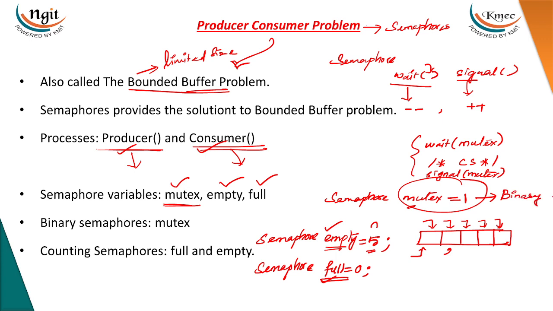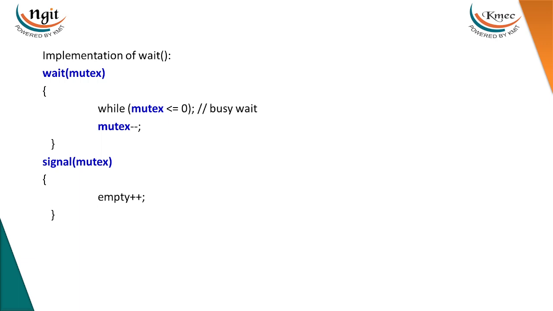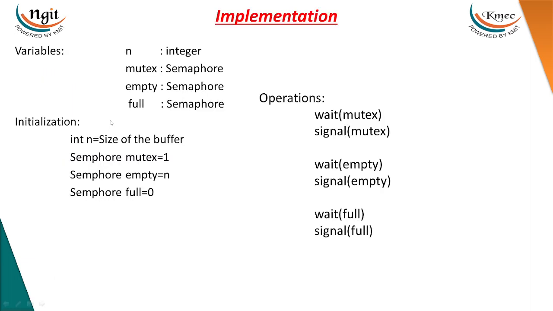Let's see how this will be executed. In the implementation we can see that n is the number of locations; here I will take 5. Mutex, empty and full are semaphore type variables.